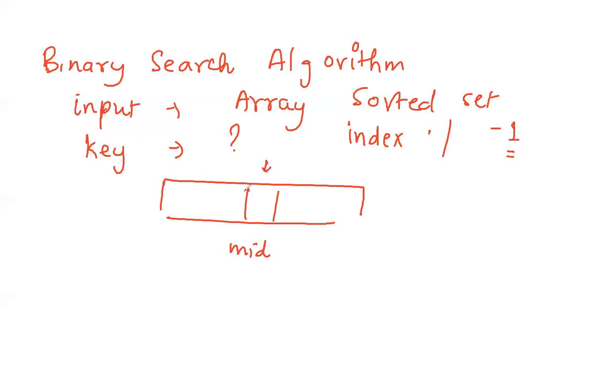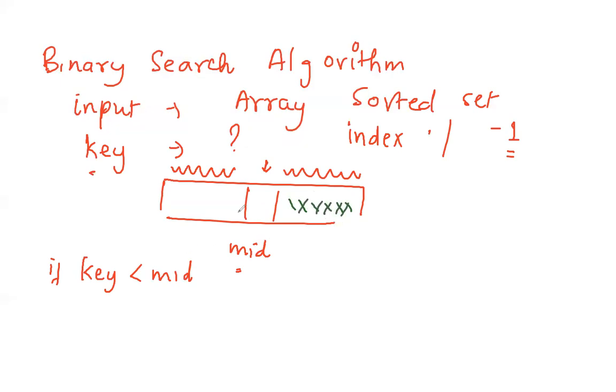But if the middle was not the key, then since the array is sorted, you know that all the elements on this side will be greater and all the elements on this side will be smaller than the mid. So based on the relationship between mid and key, you can decide where not to look or where to look. If key is less than mid, does it make any sense to look for the key on this side?